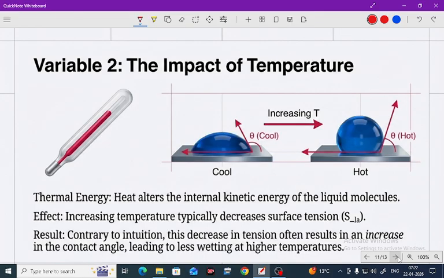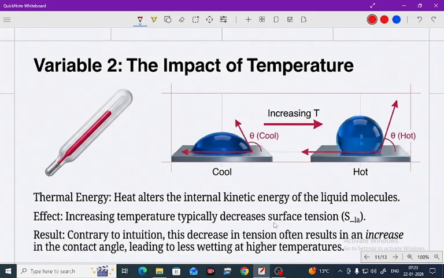The next one is the impact of temperature. Thermal energy: heat alters the kinetic energy of the liquid molecules. Increasing temperature typically decreases surface tension. Contrary to intuition, this decrease in tension often results in an increase in the contact angle, leading to less wetting at higher temperature.